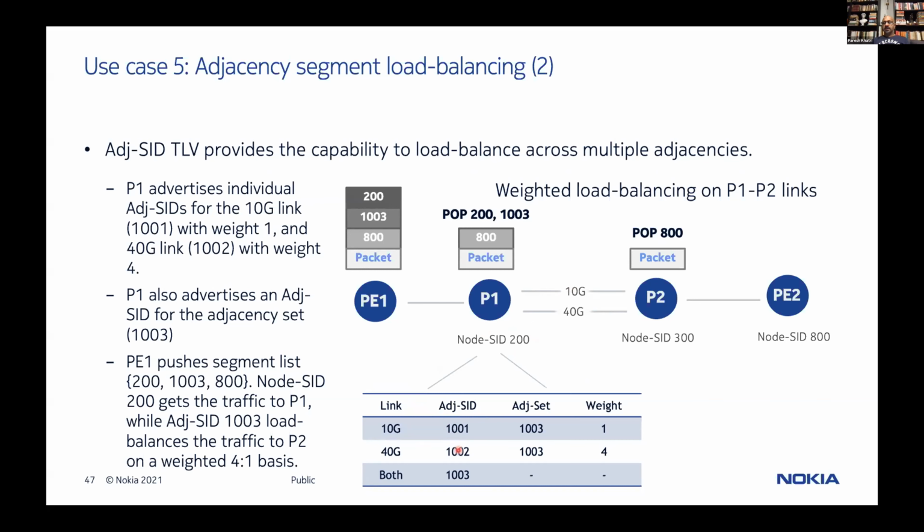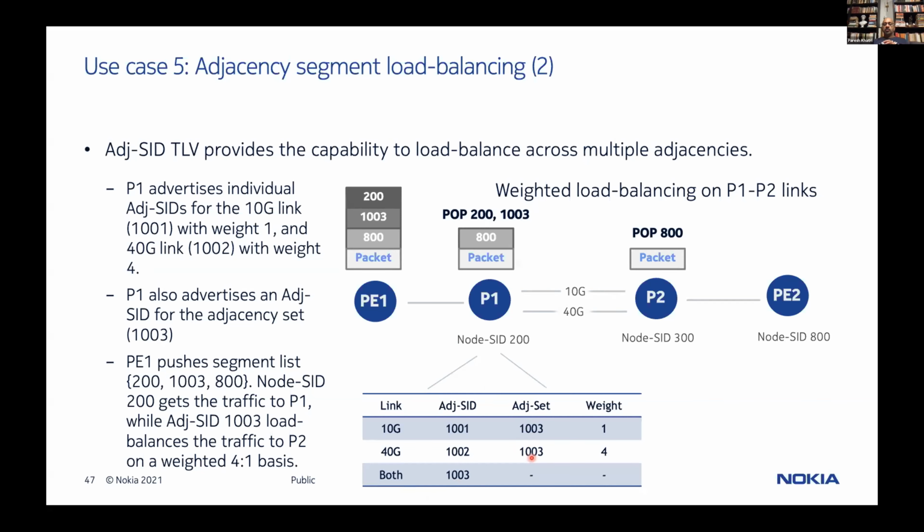There'll be a SID for the 400 gig link, sorry, for the 40 gig link, which is 1002. And then we'll configure a new adjacency SID for the set of links, for the 2 links. And that's going to be 1003. So these links will also be part of an adjacency set with a SID of 1003.